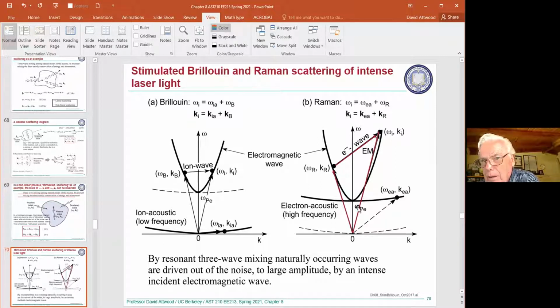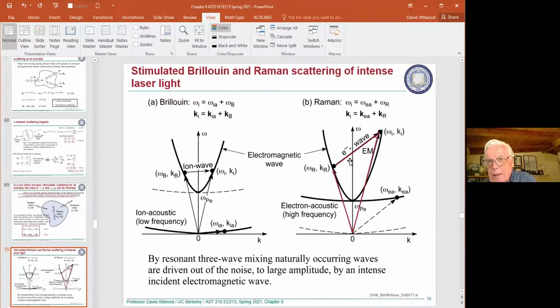Actually more than twice as high as the plasma frequency. And then the Raman frequency, it's still high, but you notice the magnitude of the k vector is a little bit more than half, maybe 2/3, in frequency. So if the incoming wave was in the visible, this is more likely in the infrared, okay? And so that's a vector diagram.